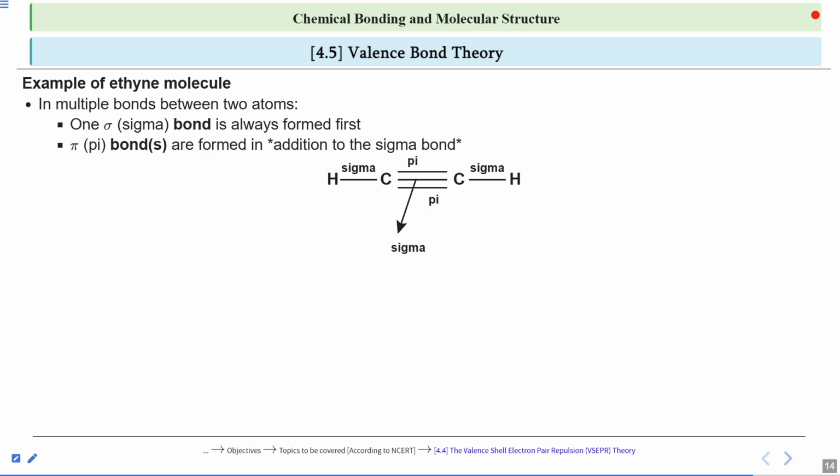This is shown for the ethyne molecule. If you see, there are 3 sigma bonds, 2 between carbon and hydrogen and 1 within the carbon atoms, resulting in the total structure of ethyne. Okay, is it clear?